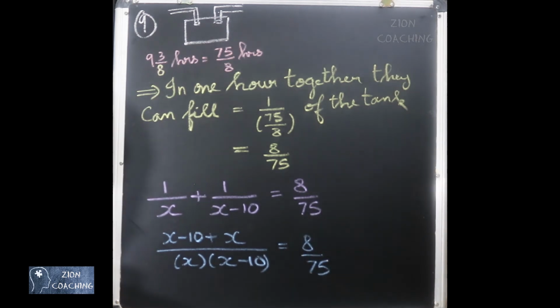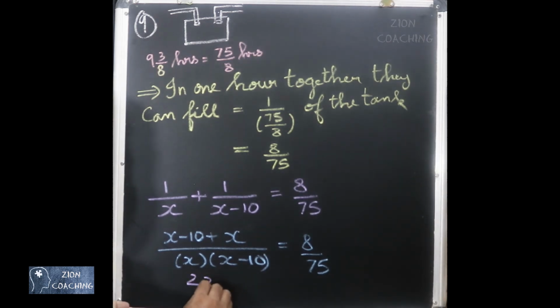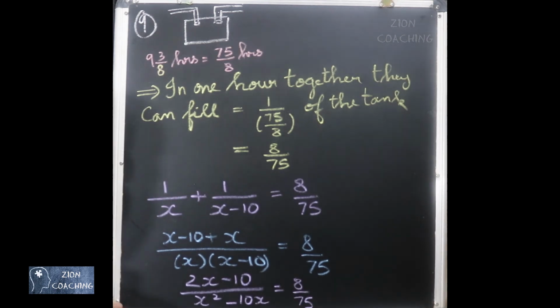Now this is nothing but 2x minus 10 by x into x, which is x squared minus 10x, equal to 8 by 75. x into x we get x squared, x into minus 10 we get minus 10x, equal to 8 by 75.